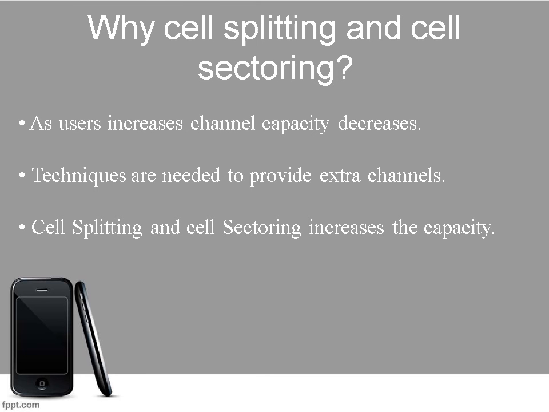Why are we splitting the cell and using cell sectoring? As users increase, channel capacity decreases. Techniques are needed to provide extra channels. So cell splitting and cell sectoring increase the capacity.